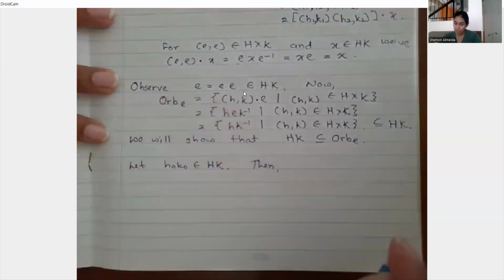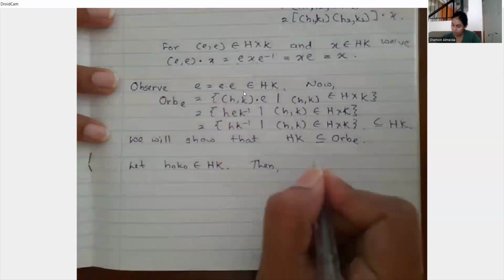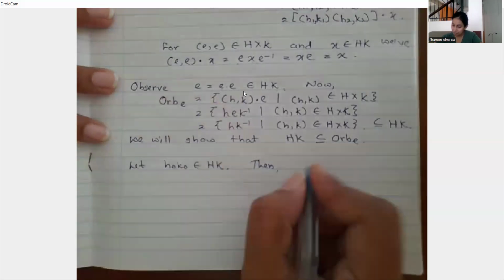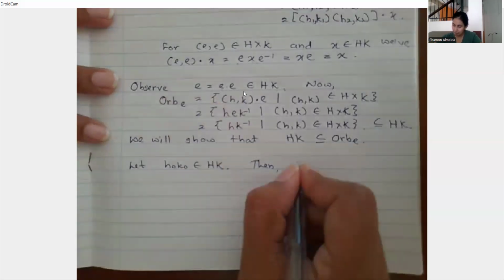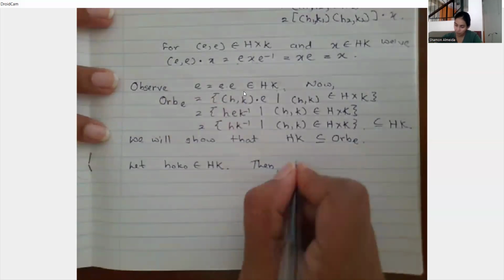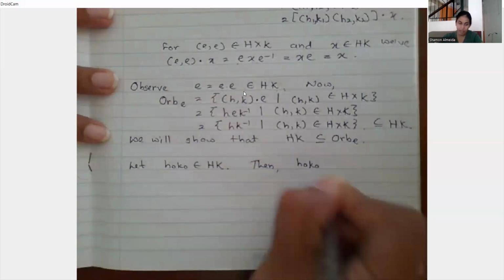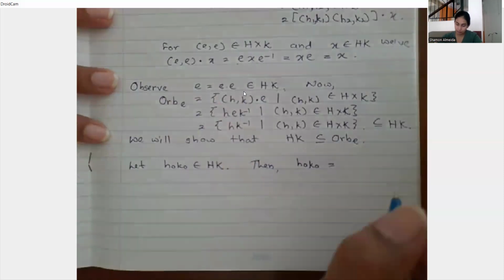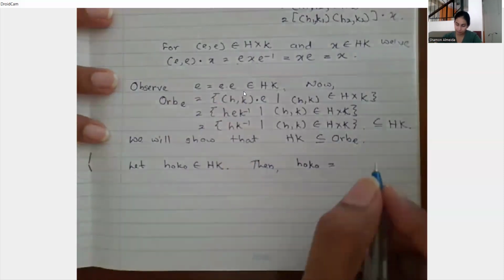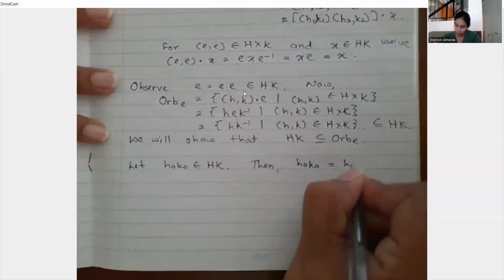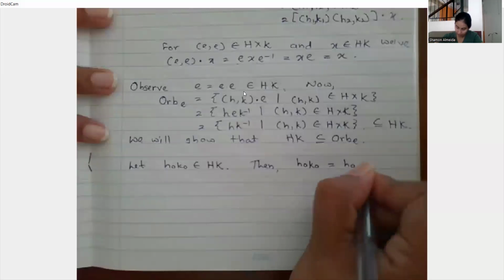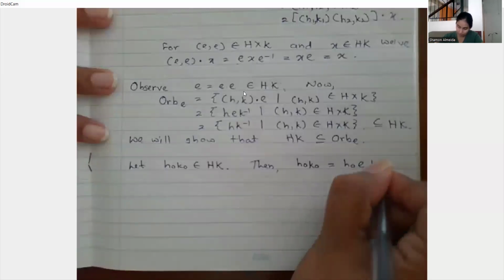observe that we can write H naught, K naught as H naught times the identity times the inverse of the inverse.